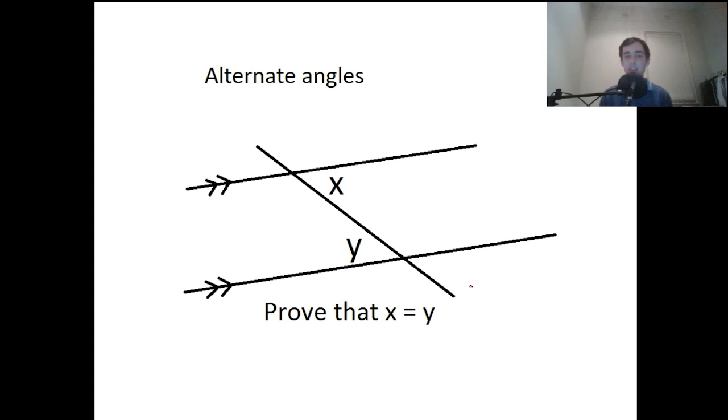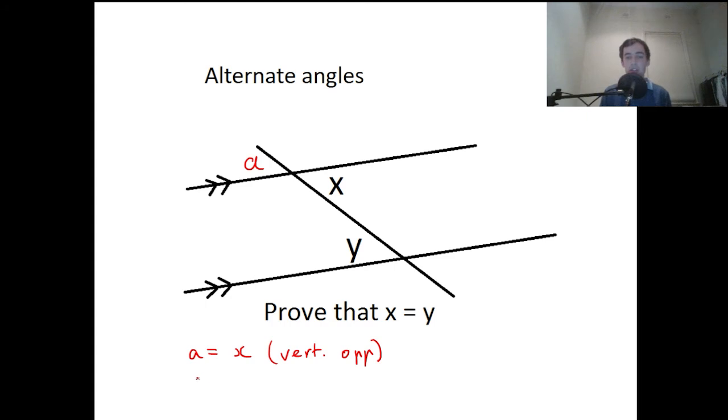Okay, so to prove that X equals Y, what we can do is write another angle here called A. Now you can do this multiple ways. You might have done it a little bit differently, but I can say that A equals X, and that's vertically opposite. I'm just writing a short version of this.